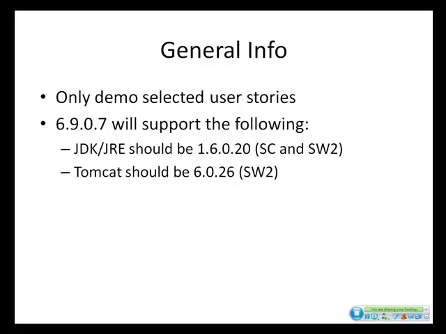Now, prior to this release, we haven't been able to use Tomcat versions higher than 19. That was because of some servlet changes that we needed to make. So we've made those changes, and you should be able to use the latest Tomcat, which is 6026.